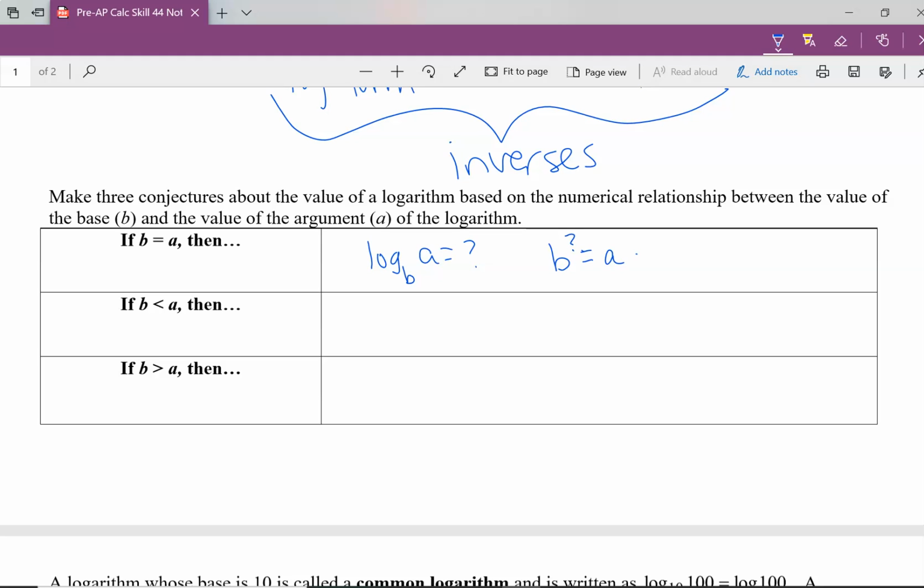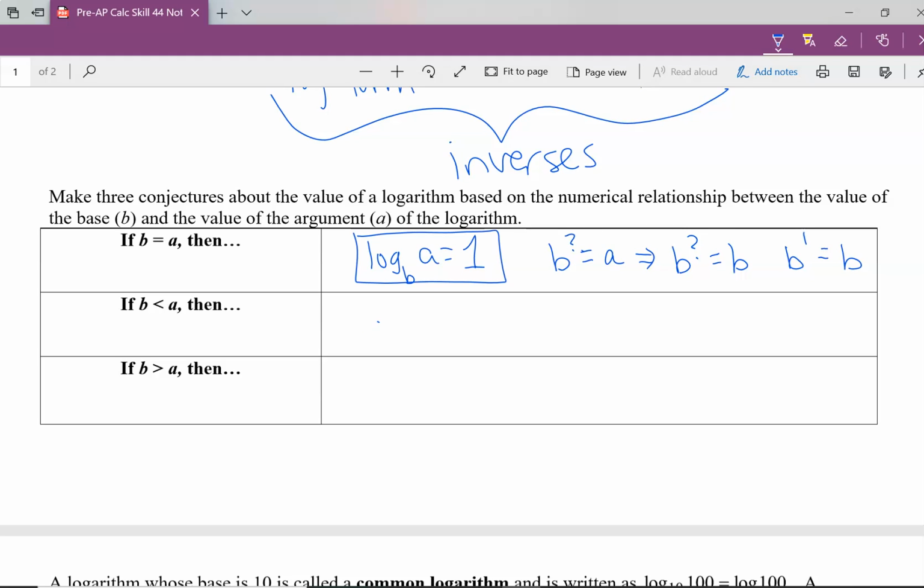Remember, a and b are the same, so I could rewrite this as b to what power equals b. Well, b to what exponent equals b? That can only happen when the exponent is 1. So log base b of a is equal to 1.